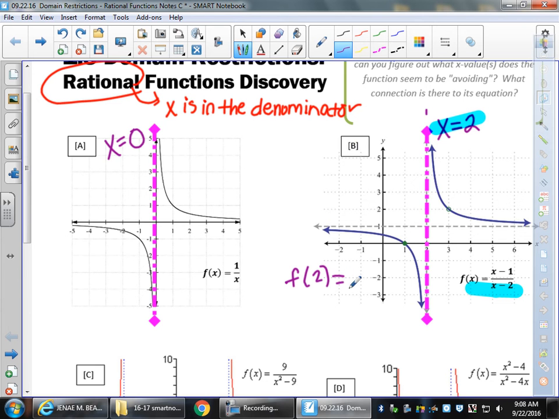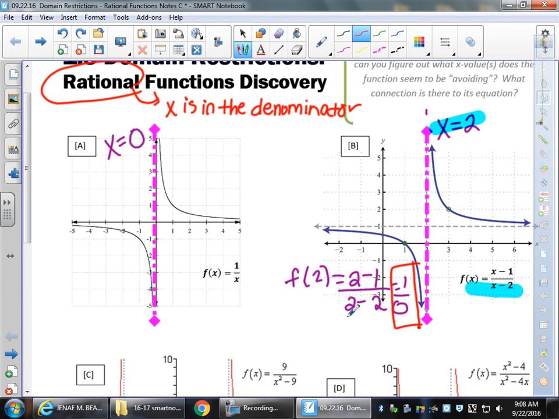What would I have in the numerator? 2 minus 1 divided by 2 minus 2. Is that okay? Let's see. What's 2 minus 1? 1. What's 2 minus 2? 0. Is that okay? No. If you tried putting this in your calculator, it would say error.